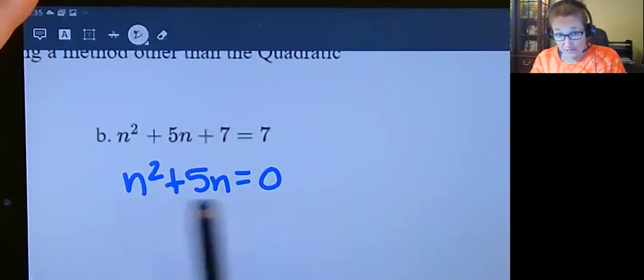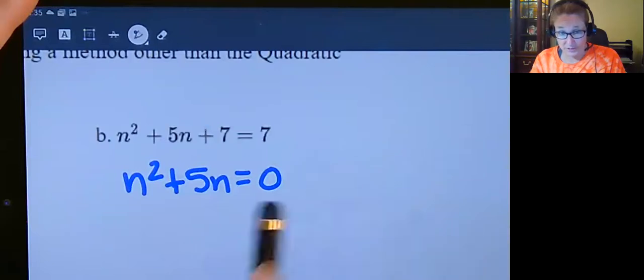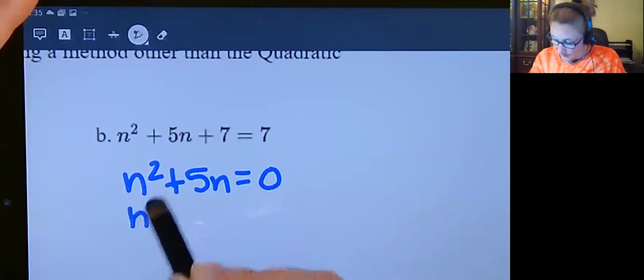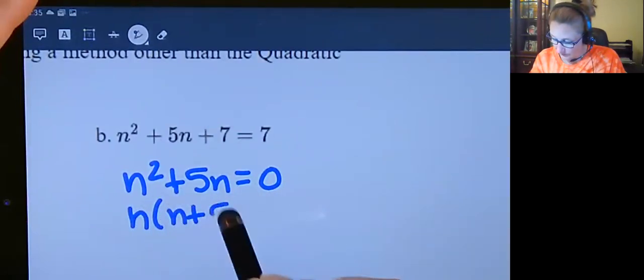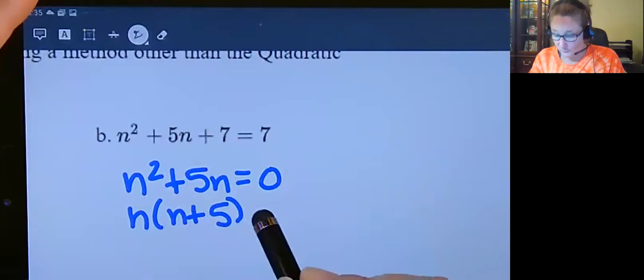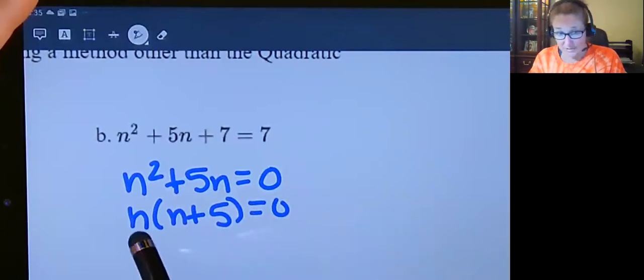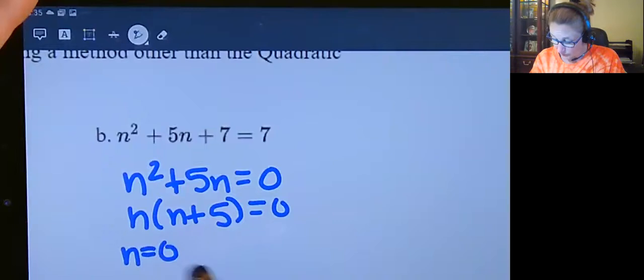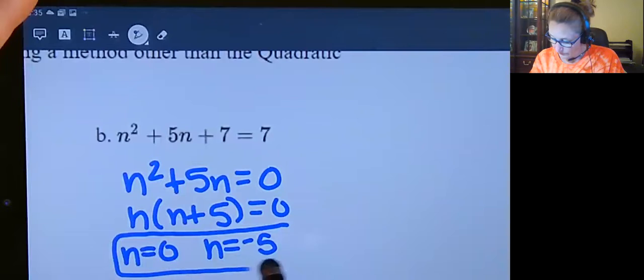Now I have no constant. I have an n squared and an n, and I can again factor the n out. And I get n times (n plus 5) equals 0. I'm going to set each of these to 0. So n equals 0 is one answer. And what makes this 0? Negative 5. And those are your two answers.